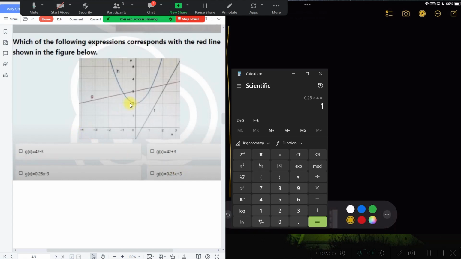If g(x) equals 0, we know where the line crosses, and it definitely doesn't cross at minus 3/4, so the last answer, 0.25x plus 3, is correct. If you plug in the value minus 4, 2, it's the only one that is applicable. So the answer is this. Okay.